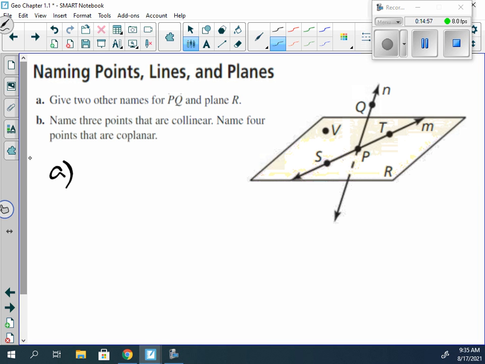Give two names for line PQ and plane R. So PQ is this line right here. So, well, we can't use PQ, but we could use what? Line N, yes. So we could say line N, because it gave us the little n up top, so we can use it to name the line. Now we need one other way.